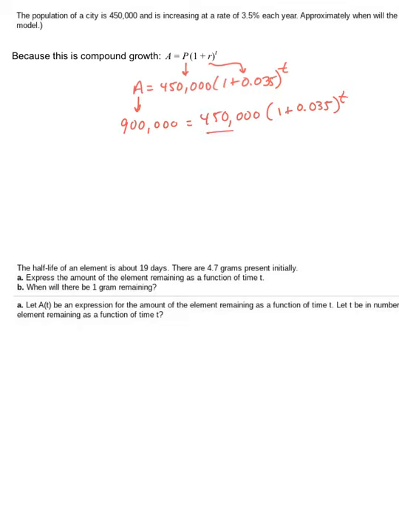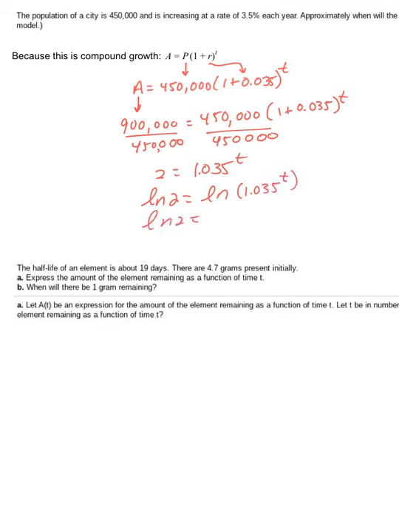So in order to solve this, you should divide both sides by 450,000. Thus, you get this equation here. You would ln both sides. Therefore, the t can drop to the front.